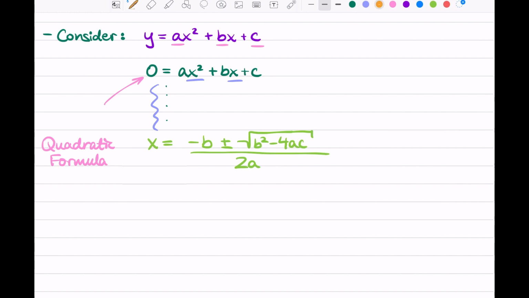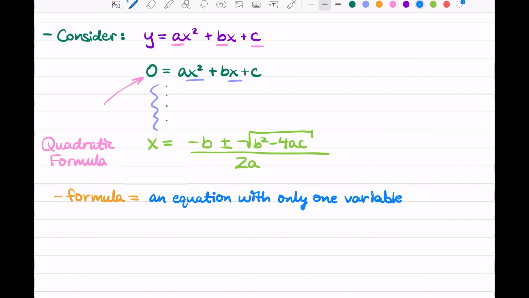And just a side note before we move on, if you're confused by the difference between an equation and a formula: a formula is an equation with only one variable.